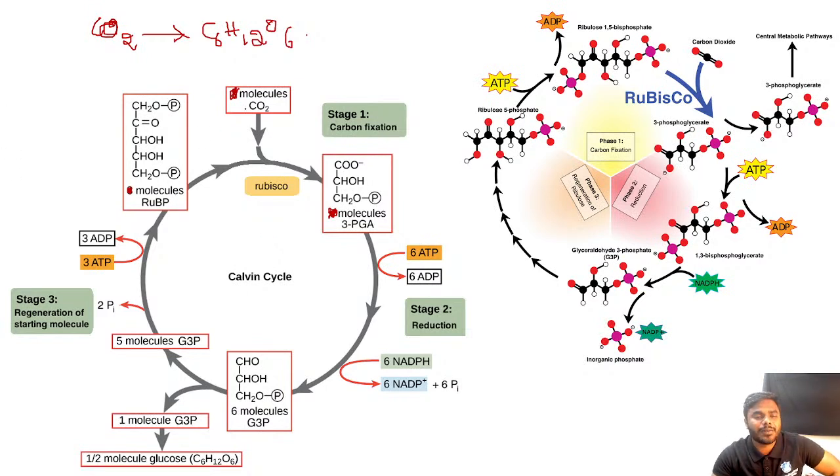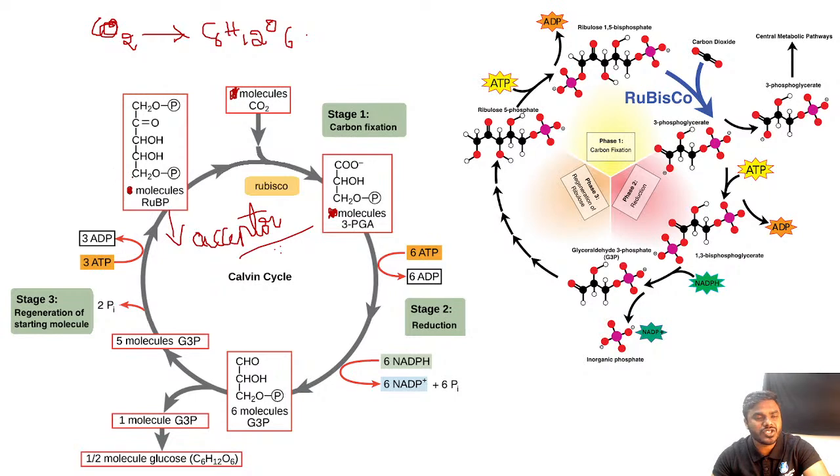Who is going to accept the carbon? The carbon can be accepted by RuBP. Don't forget, RuBP is called what, my friends? A primary carbon acceptor. We call it RuBP.